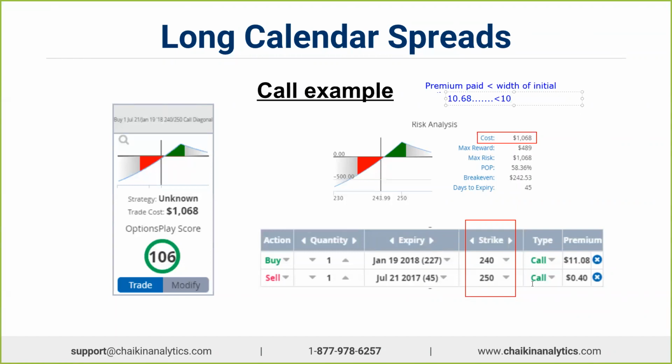If I paid 10 for this, let's say I want to double up. Let's say I think I can make $10 in premium. I would not just place a limit order for 20. But on that short leg, where we only have 45 days and we sold it for 40 cents, that short leg, I would immediately put in an order to buy it back.